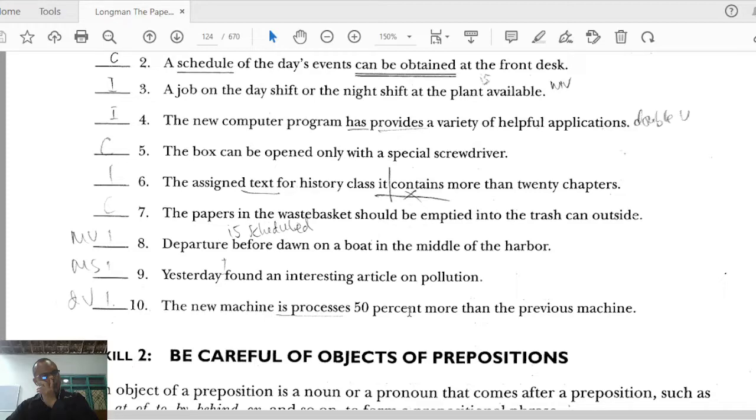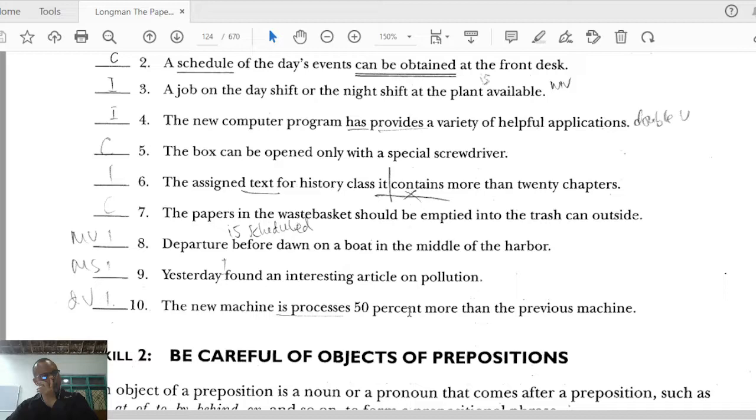So yesterday I found, harusnya... So incorrect. Number 10, the machine is processed 50% more than the previous machine. Don't have a verb. Yeah, the new machine.